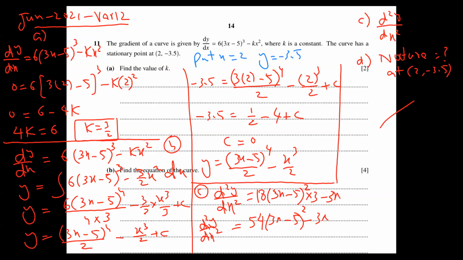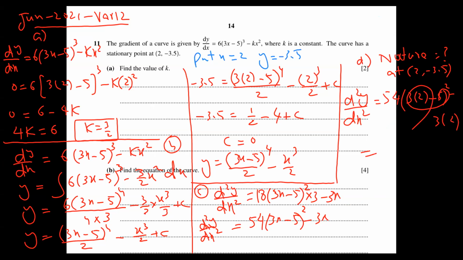Now he's asking us the nature, so I'm going to find the nature. How to find the nature? I will plug in the x value into the second derivative: 54 times (3 times 2 minus 5) to the power 2 minus 3 times 2. Maybe there is a space issue, so I'm writing it below. 3 times 2 is 6, minus 5 is 1, so I got 54, and minus 6, and this becomes 48, which is a positive answer.